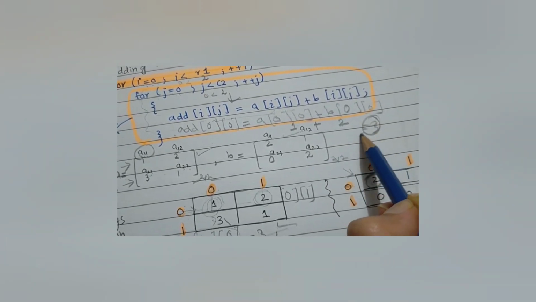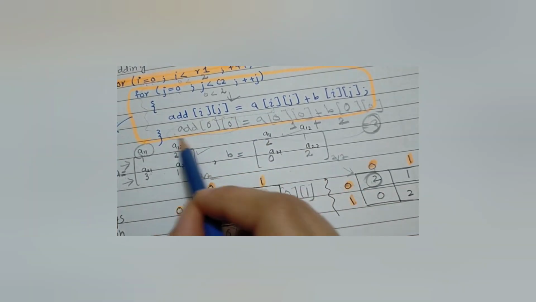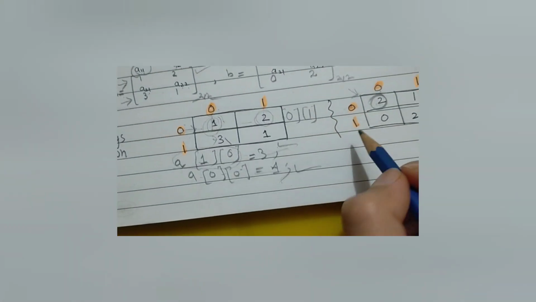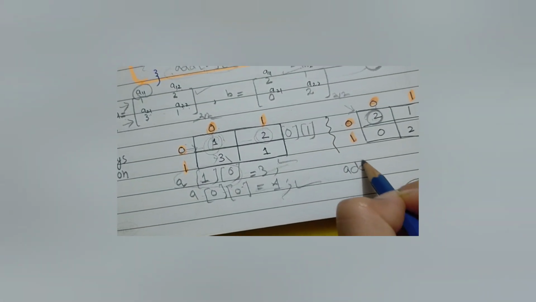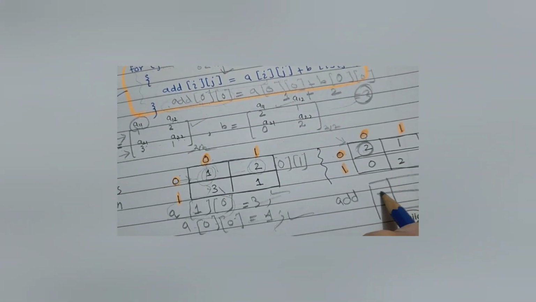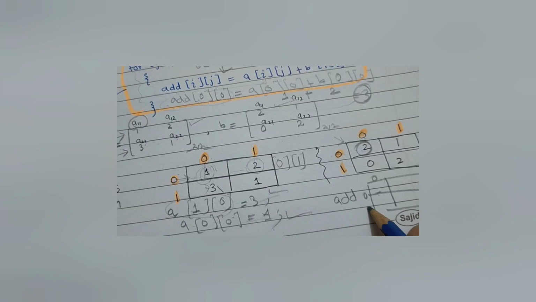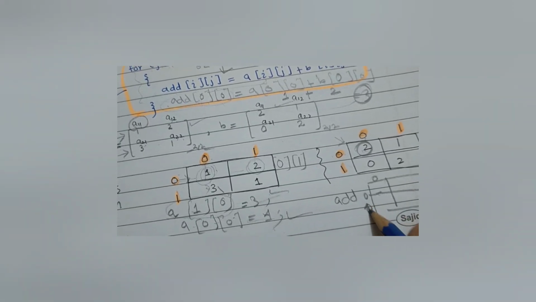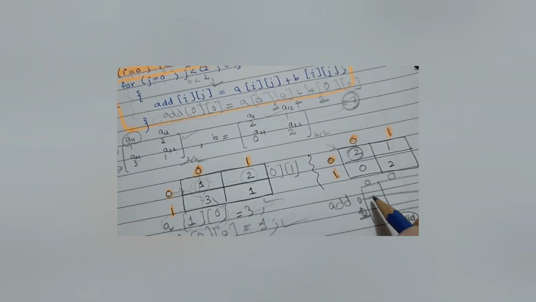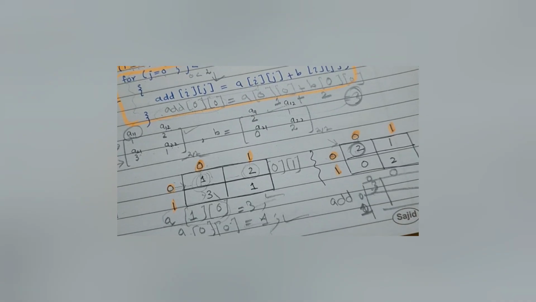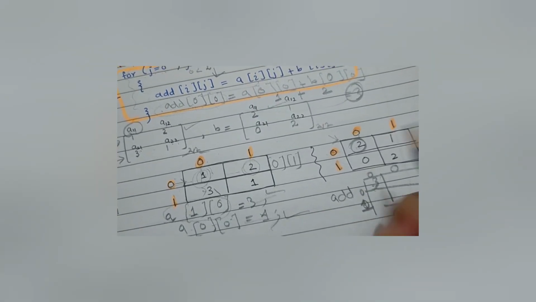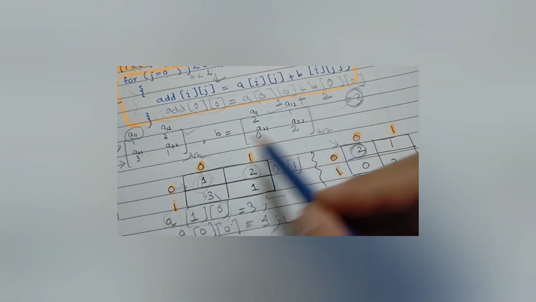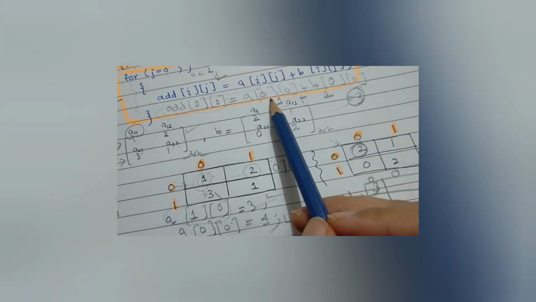Okay, so 3 will be saved in this array, the add array. So in the location 0 and 0, sorry, here 3 will be stored. Okay, so the process will continue like this.